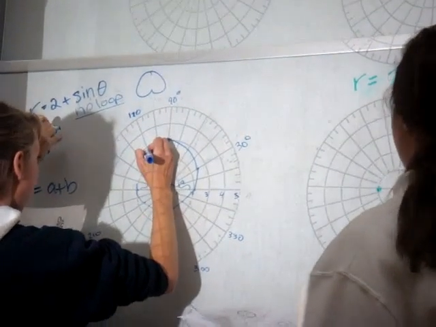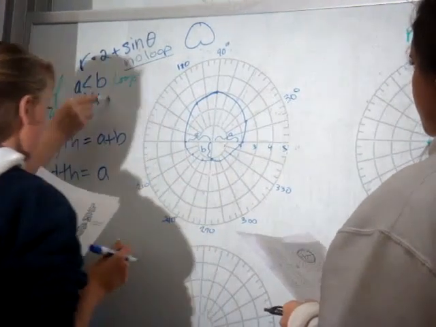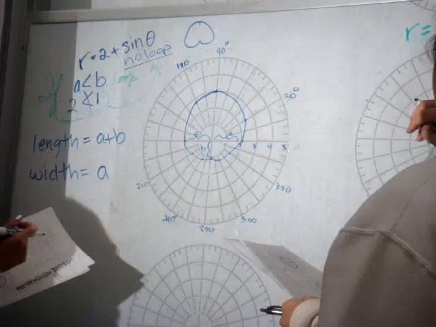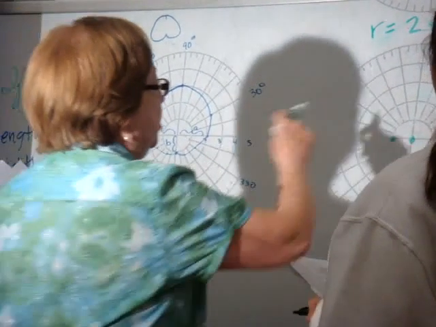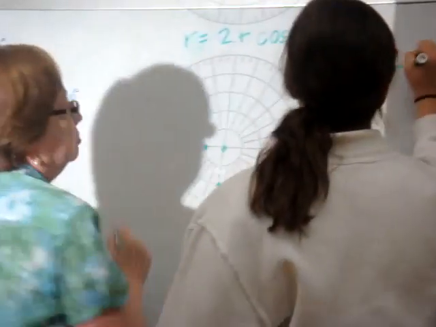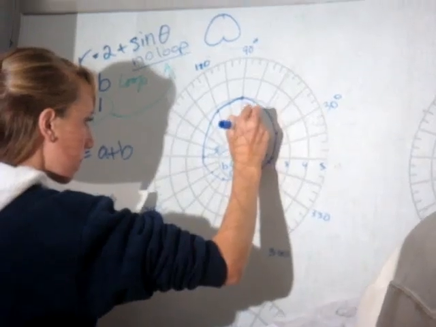Then there's a loop, yes or no? And since 2 is not less than b, it has no loop. Got it? What you have is better if a is less than b, no loop. Is that clear? Better? Yes or no? Sure? If a is less than b, what?